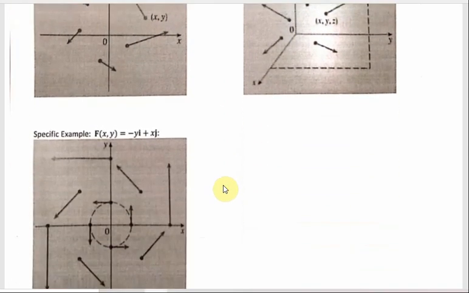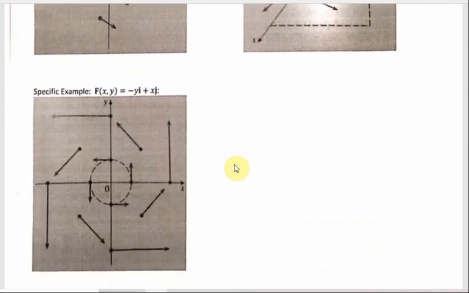To have one that's a little bit more concrete, here's a two-dimensional one where F of x, y is negative y i plus x j. There you can pick the easier points and see where everything goes. Even though there's no labeling on the axes here, if you think of this point right here as being (1, 0), then what you should end up with for F is the vector j, right? 0i plus 1j.